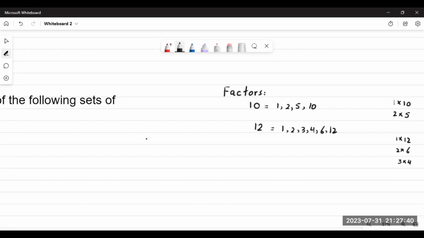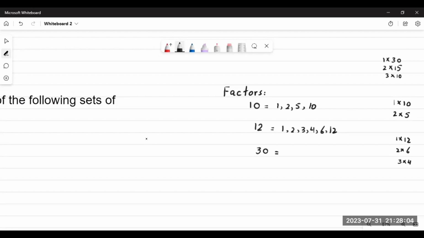Let's suppose we want to find the factors of 30. So what will be the factors of 30? 1 30 is 30. 2 15s are 30. 15 times 2 is 30. Then we can write that 3 tens are 30.